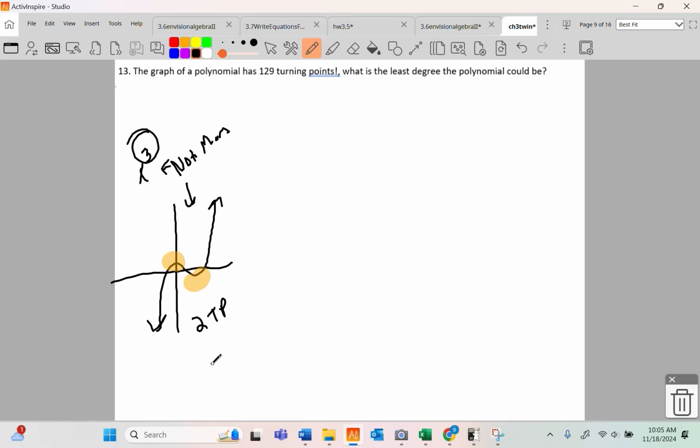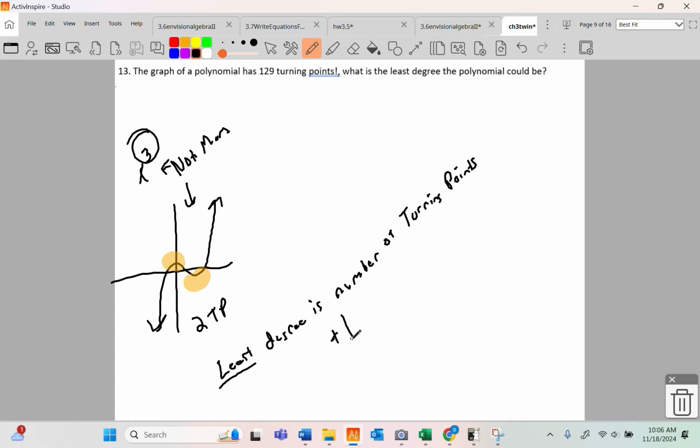But the exponent was 3. So the rule on turning points is that the least degree is the number of turning points plus 1.